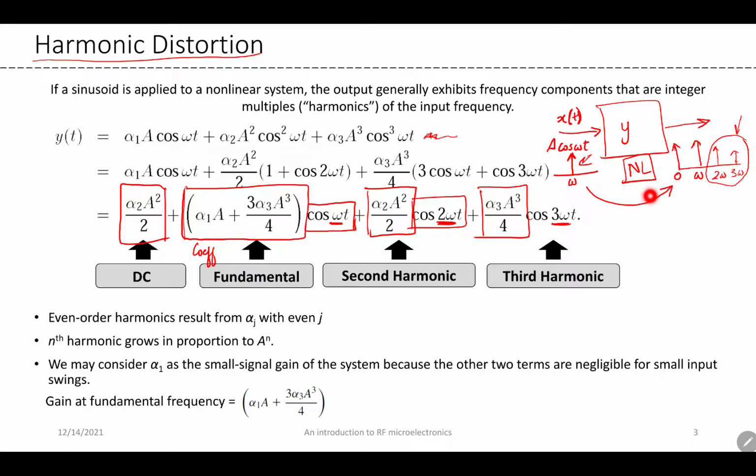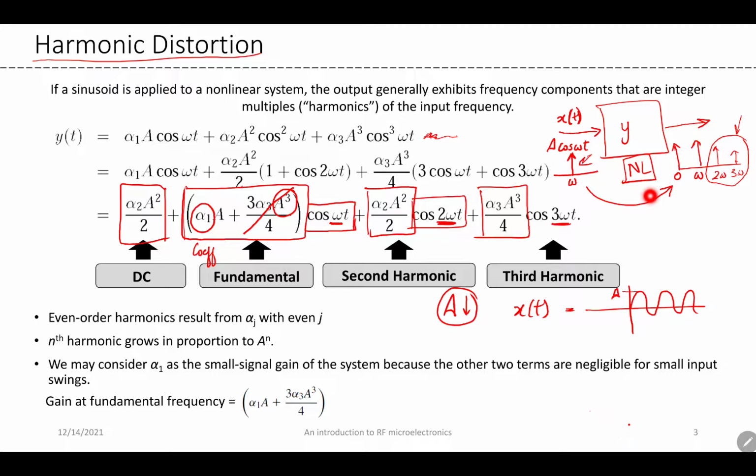So what can we understand from this? Some terms. So what is alpha 1? Now alpha 1, if a is small, that is if I have x of t, which is the input signal, and a is the amplitude of this input signal. Now if a is very small, then a cube will be extremely small and we can neglect this term.